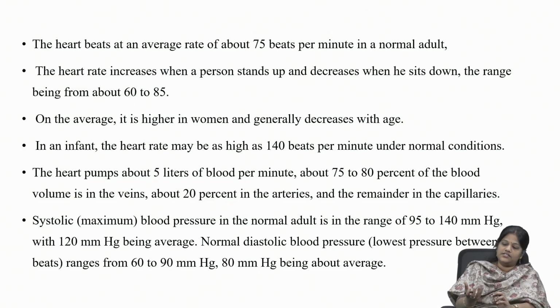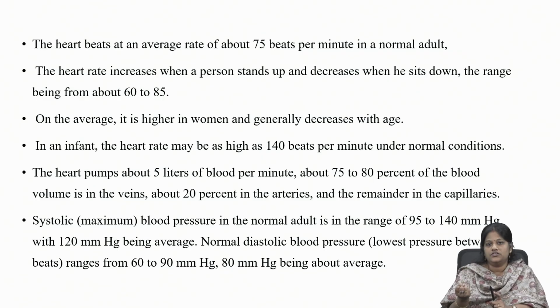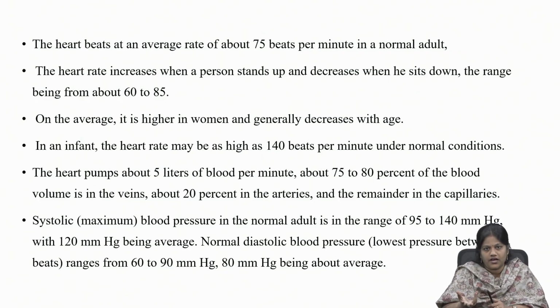Here we know how heart contraction and relaxation take place, right? The contraction of the heart is called systole and the relaxation of the heart is called diastole. So systolic action, diastolic action.